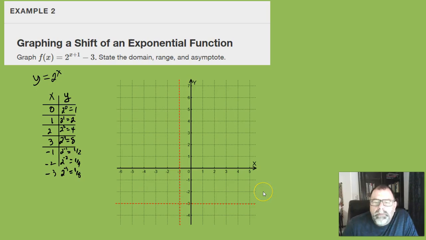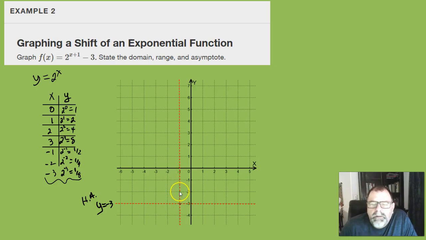Okay, so this is how I'm shifting. So this is going to be my horizontal asymptote. It got shifted down 3. So y equals negative 3. That's my horizontal asymptote. And I'm going to pretend that this is the origin and plot my parent function counting from here.